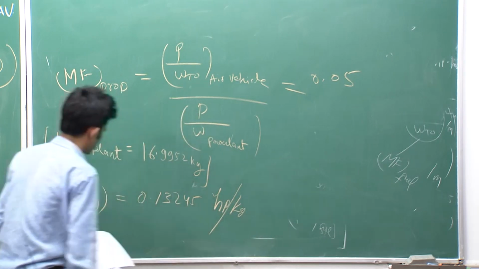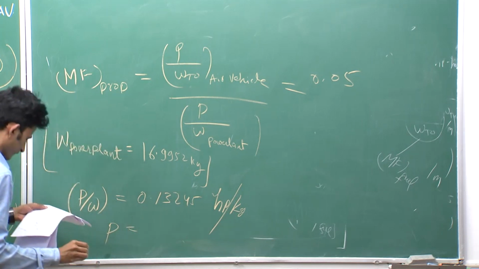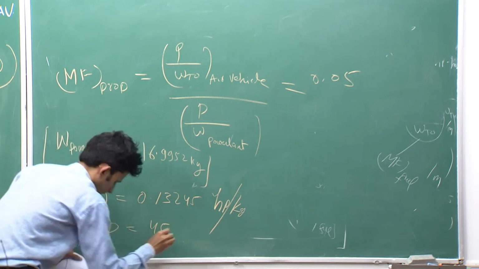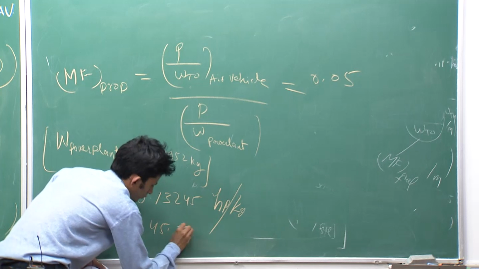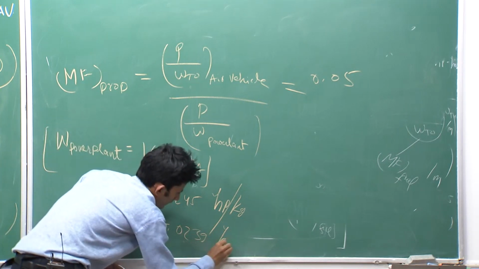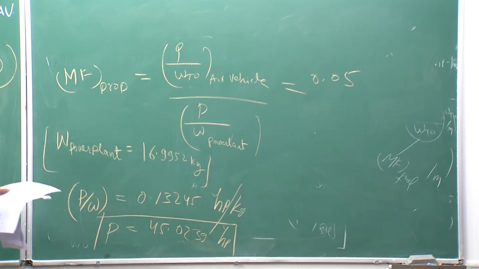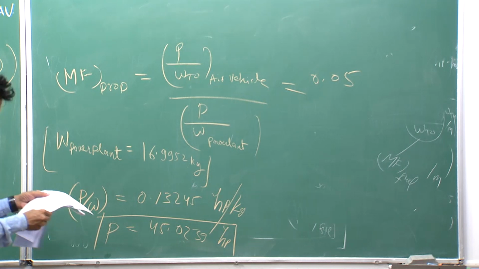Multiply by W takeoff, and you will get P equal to 45.0239 HP. This will be the answer of question number 9.